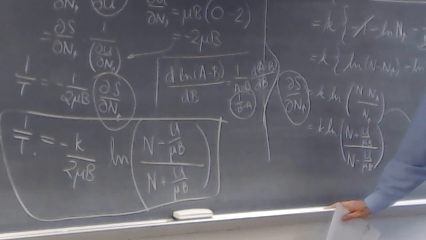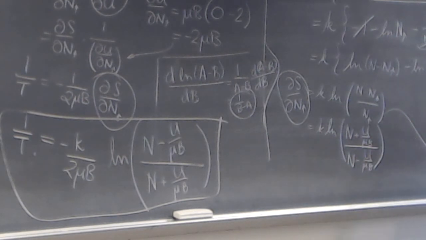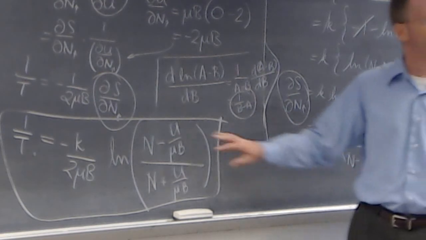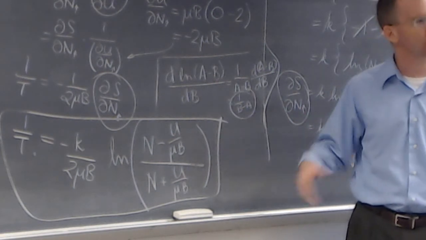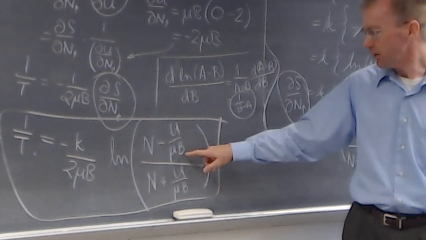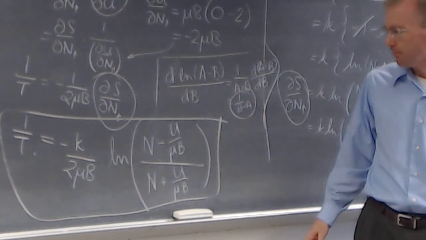Now, why would I actually have wanted to put it in these terms? Well, remember, in principle we're interested in total number, total energy, magnetic moment, magnetic field, those things there.